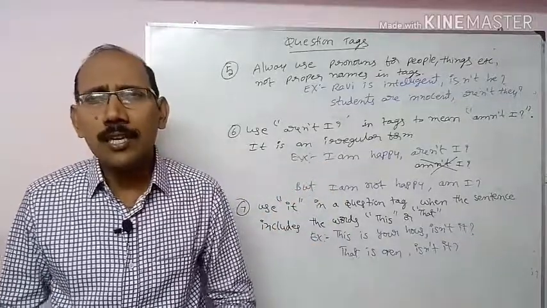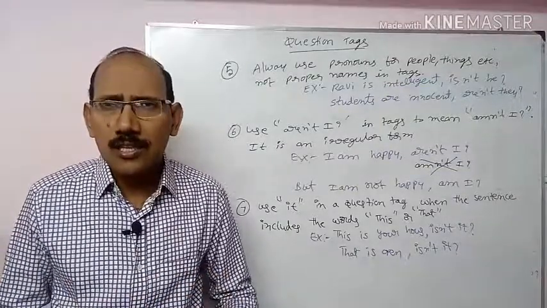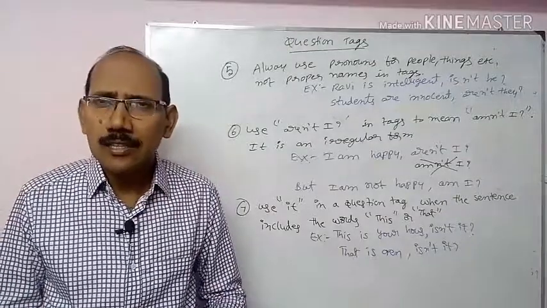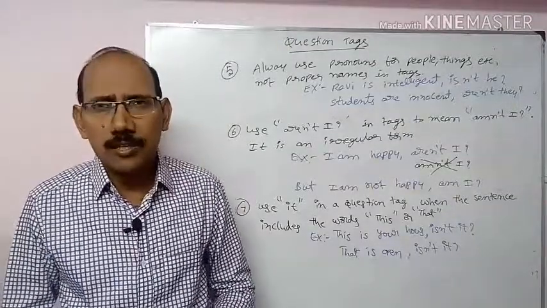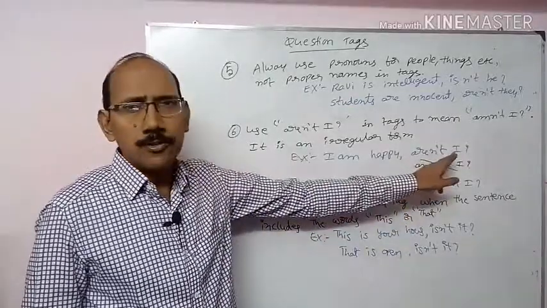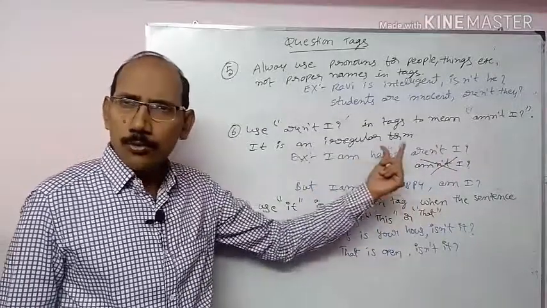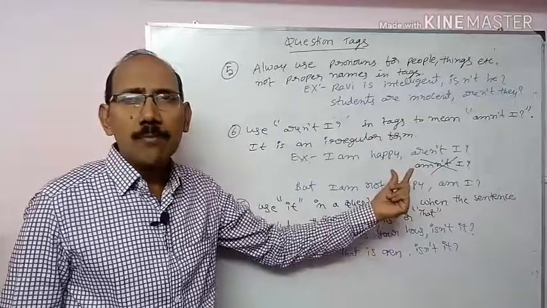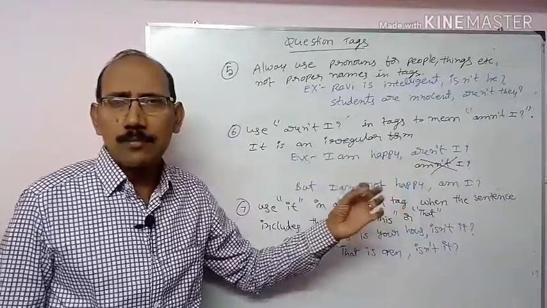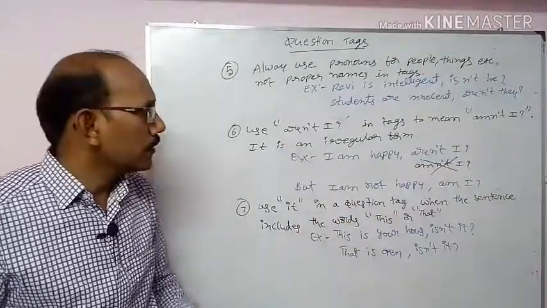Of course, we need to give a negative tag. I am happy. We generally think that we tend to answer amn't I, but in grammar amn't I is omitted. So instead of amn't I, what we need to use is aren't I. For a positive statement we have to use a negative question tag only, but instead of amn't I, we have to use aren't I. It is an exception compared to the remaining points.